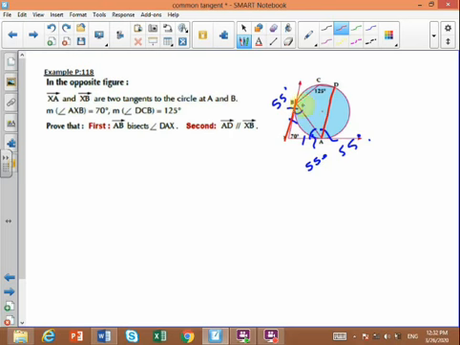Letter Z is XBA here. Is this angle equal to this one? Yes. I have just proved that this is 55, and I got this from the beginning. It's equal to angle BAX. It is also 55. So both of them are equal in measure, alternate angles. So AD is parallel to XB.